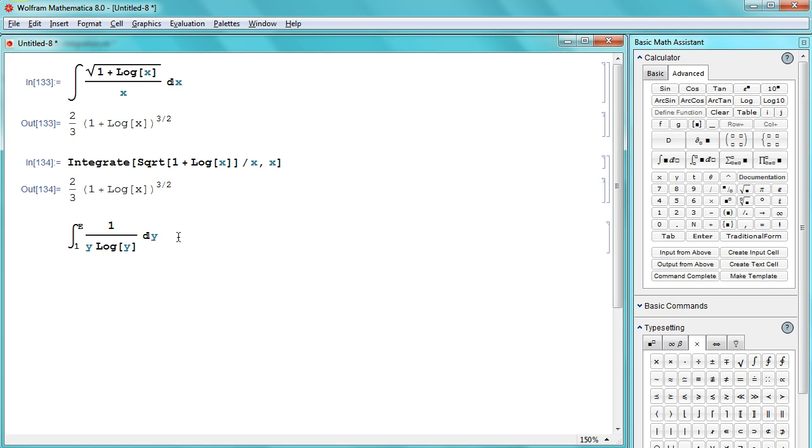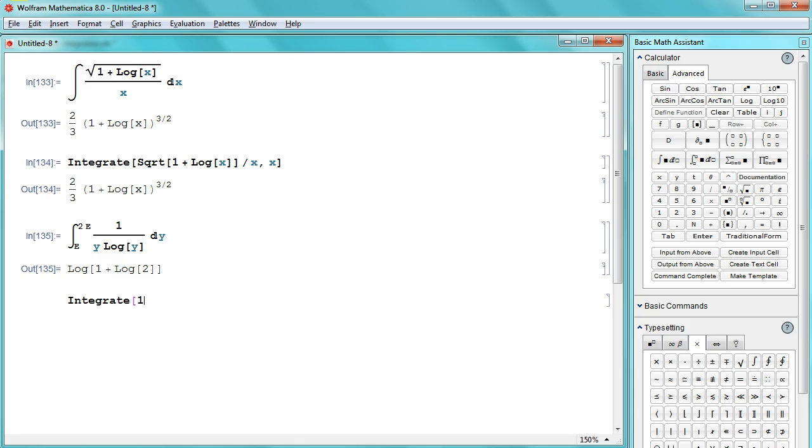Oh, looks like this is not going to work very well, because log of 1 is 0, so the denominator will turn out to be 0 if you do it like this. So let's change this one into e to 2e. Okay, e to 2e, that's as good as any. And let's calculate this definite integral. And then here's the answer. This is equivalent to this.